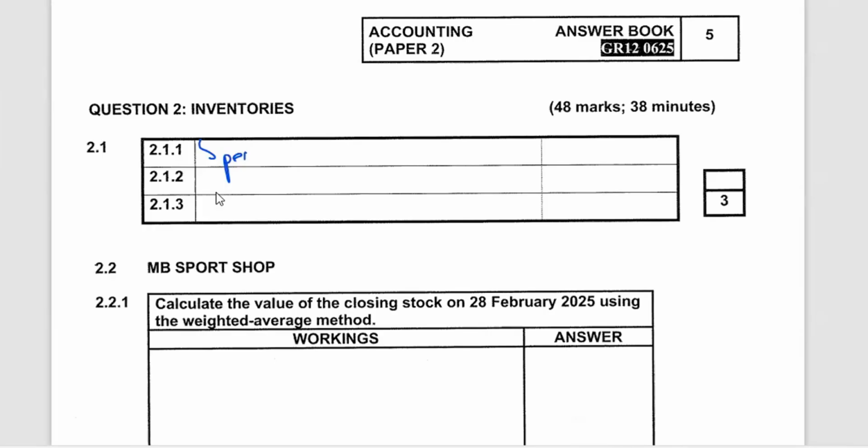So here we have specific identification. Then 2.1.2, we have the first in, first out. Then 2.1.3, we have our weighted average method.